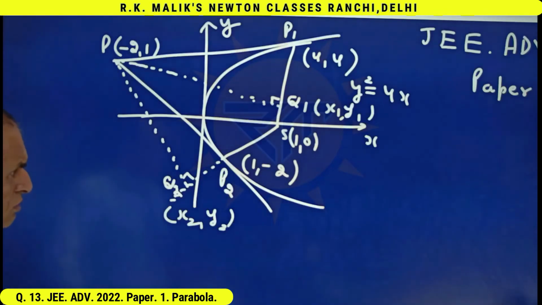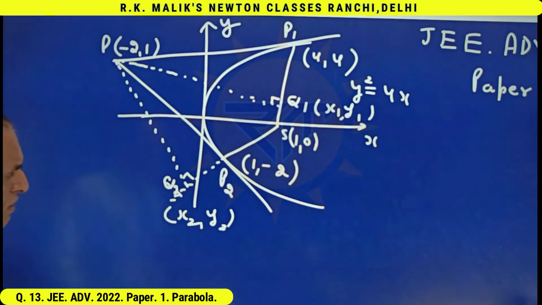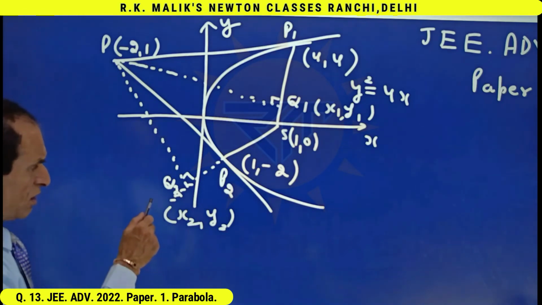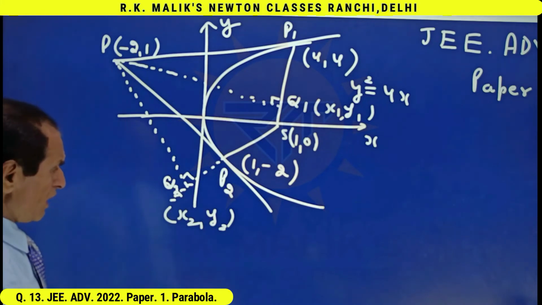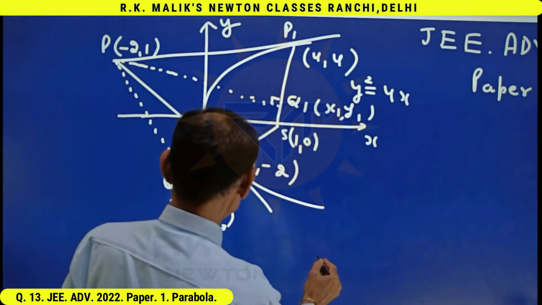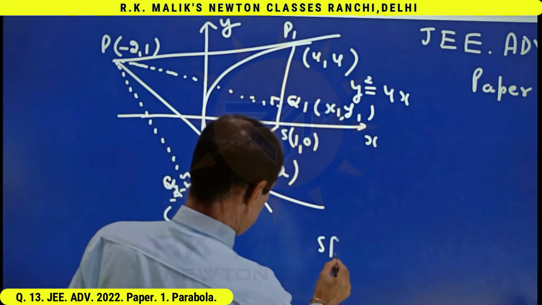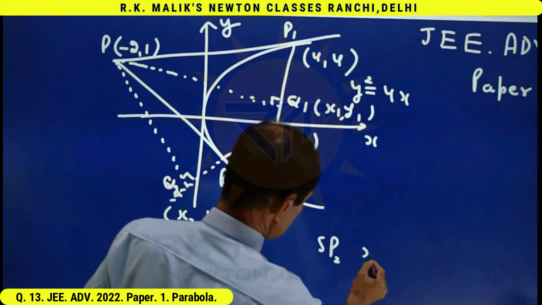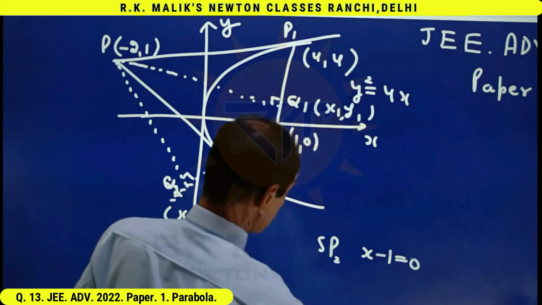And for those students who find it a bit inconvenient to draw the figure once again, as I told you, it is not necessary to draw the figure again. I had done that just for crystal clarity. Otherwise I can find the coordinates of (x2, y2) in this way also. We have already found the equation of SP2 as x minus 1 equals 0.